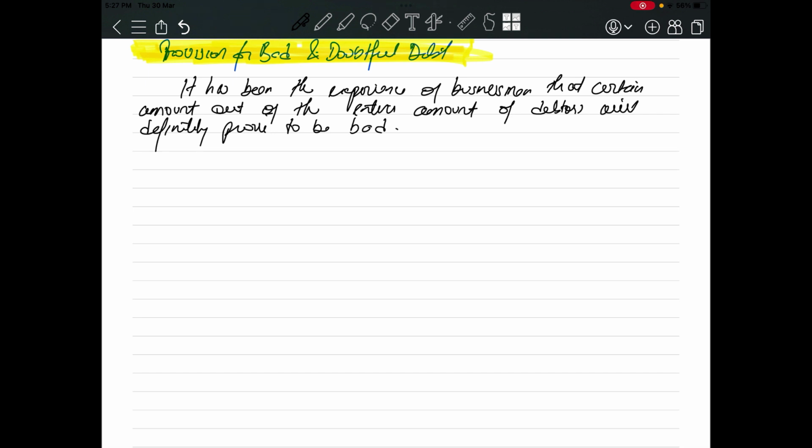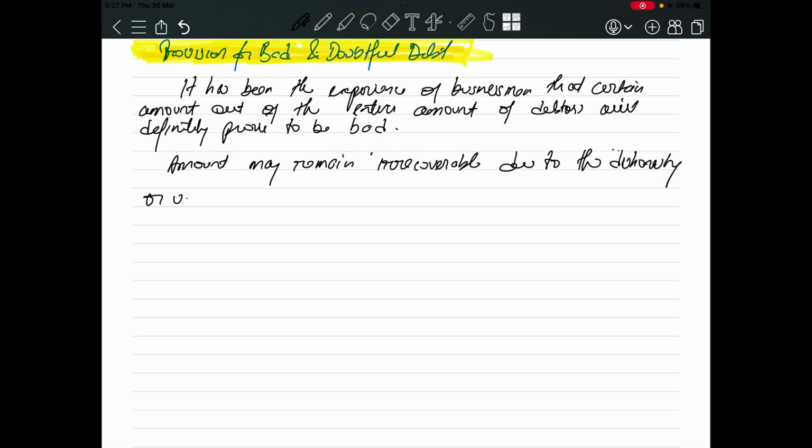The amount may remain irrecoverable due to the dishonesty or unsound financial position of the debtors, right?